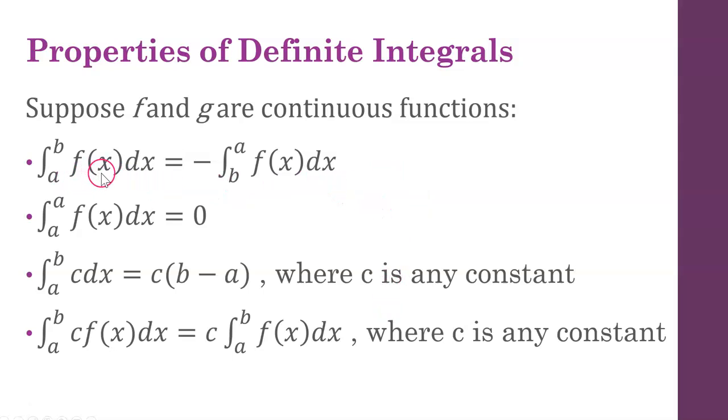So if I have a function whose integral goes from a to b, and I switch the limits to go from b to a, the integral that I get is going to be the negative of the original integral. So if this was 7, this is going to be negative 7. And hopefully that makes sense, because if you remember when we were adding those areas to start with, they were all multiplied by delta x, and delta x was calculated by taking b minus a over n.